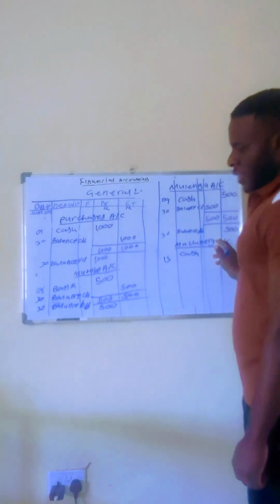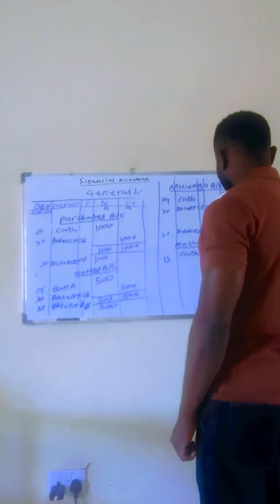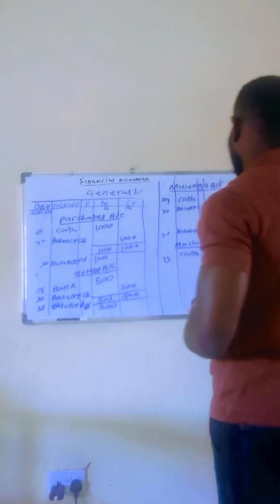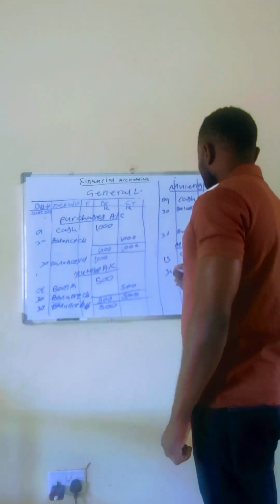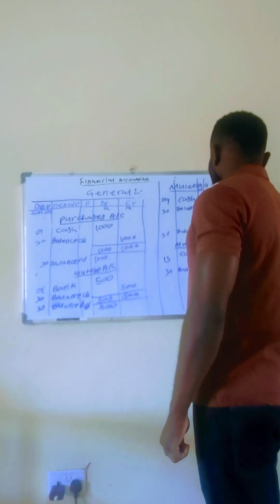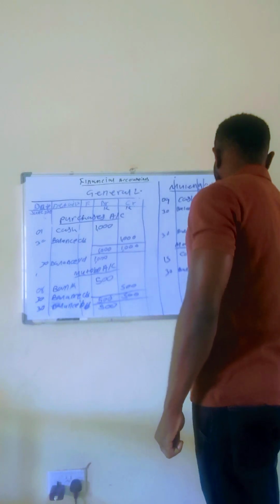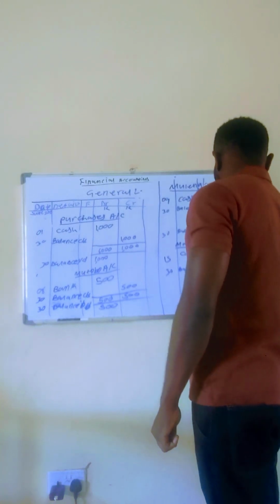So the machinery account was receiving, this is 7,000. Ensure that we include commas. And at the end of our accounting period, this is what happened. We have 7,000 here. We balance it off.